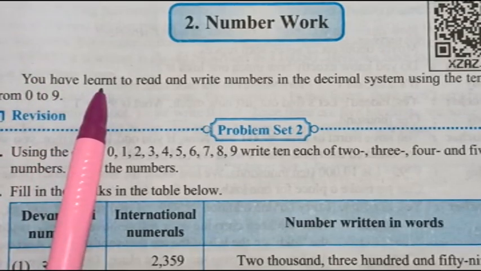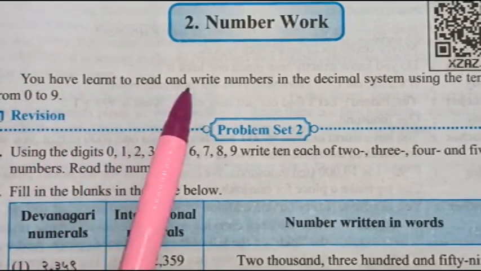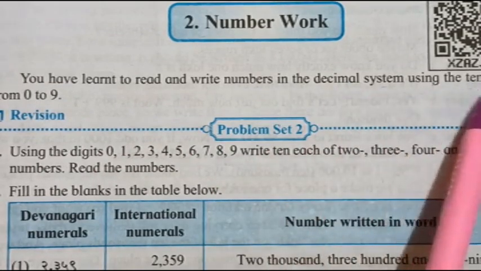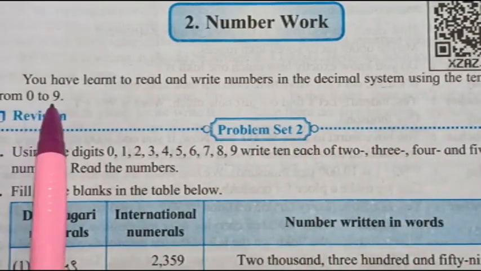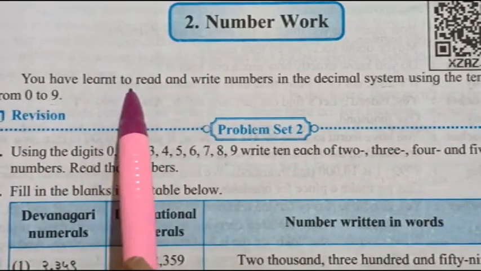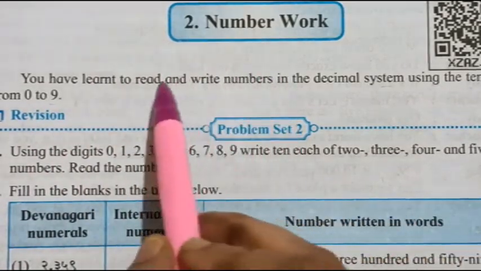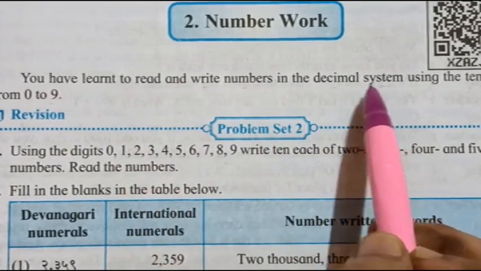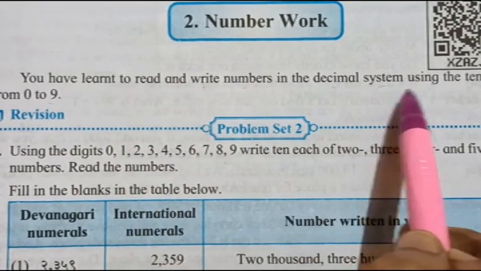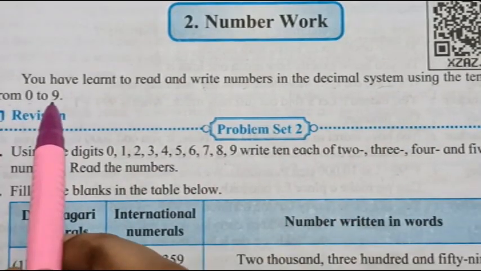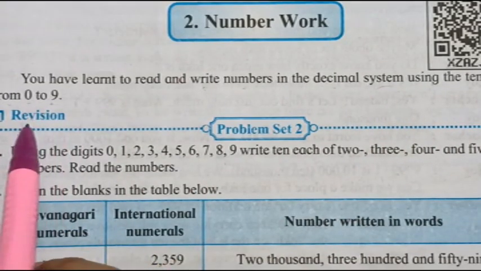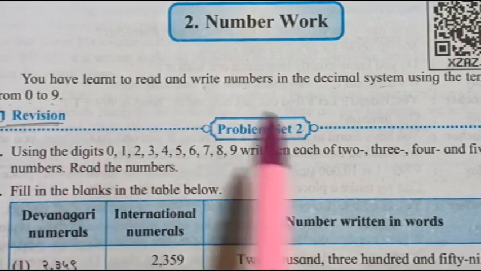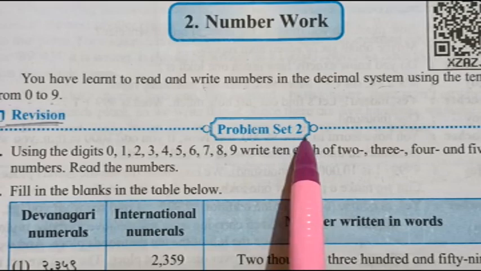You have learned to read and write numbers in the decimal system using the 10 digits from 0 to 9. On that basis we will do the revision, that is of problem set 2.